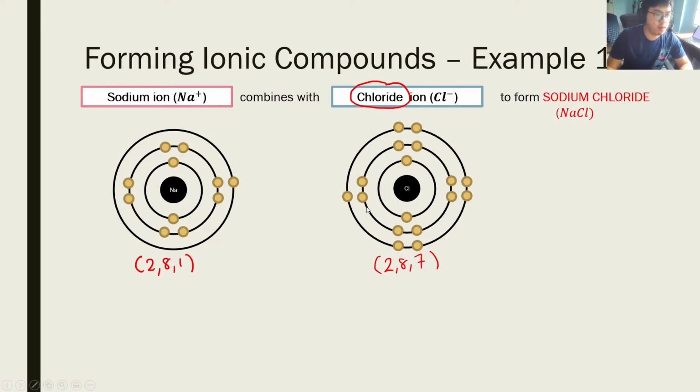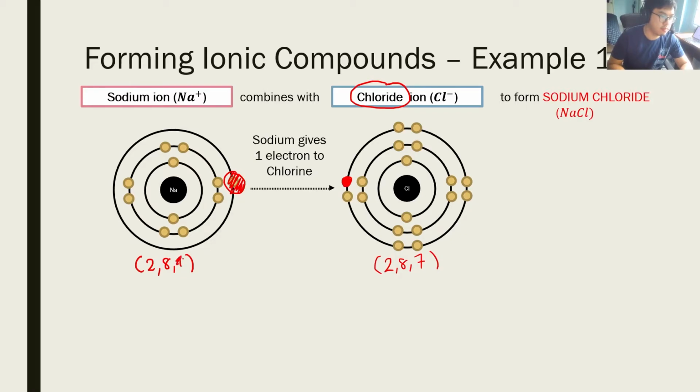If sodium wants to join together with chlorine to form a compound, what does it do? It gives one electron to chlorine. So in order to join with chlorine, sodium gives one electron to chlorine. Chlorine will gain one electron, sodium will lose one electron.